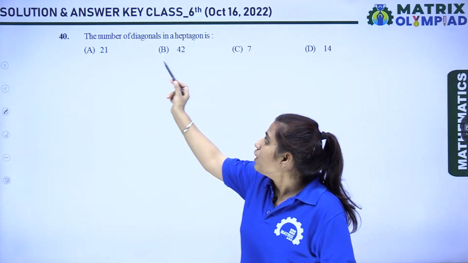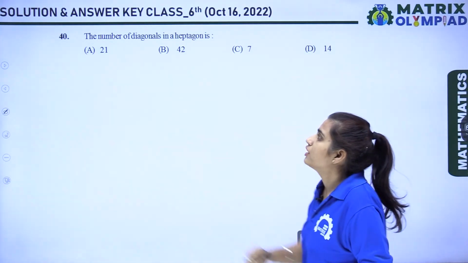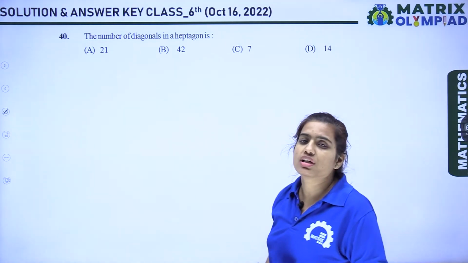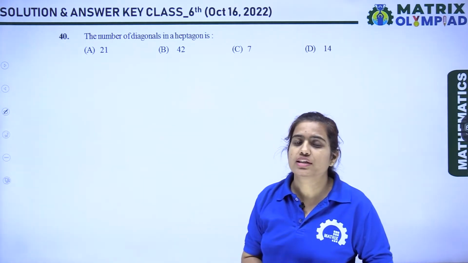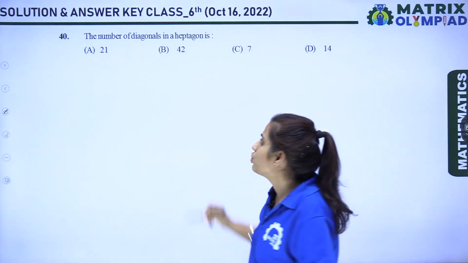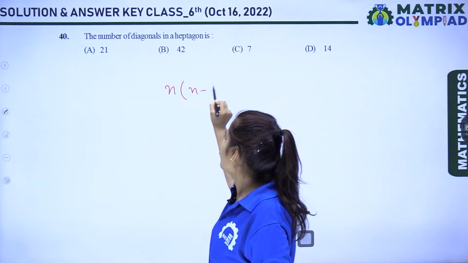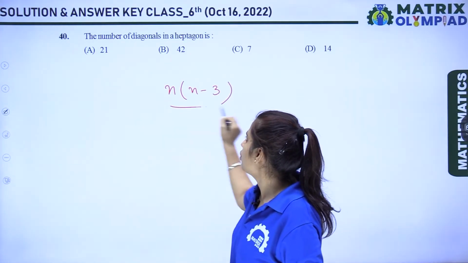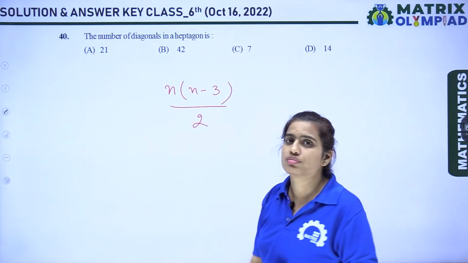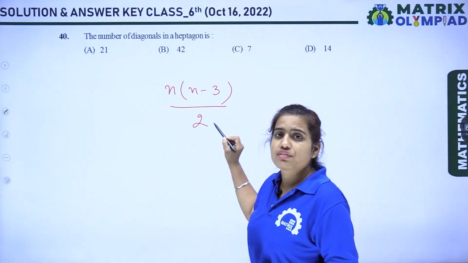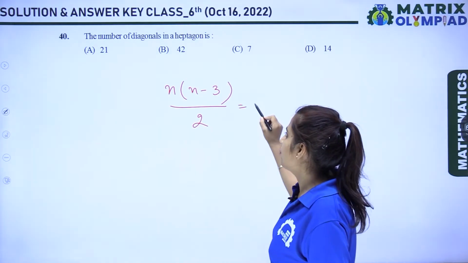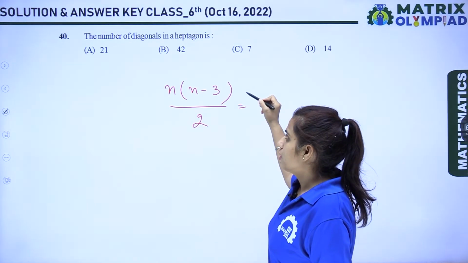The number of diagonals in a heptagon is. So in the heptagon, the total number of sides is 7. So here to find the diagonals, we will use the formula n(n minus 3) upon 2. After writing this formula, we have to simply put the numbers.